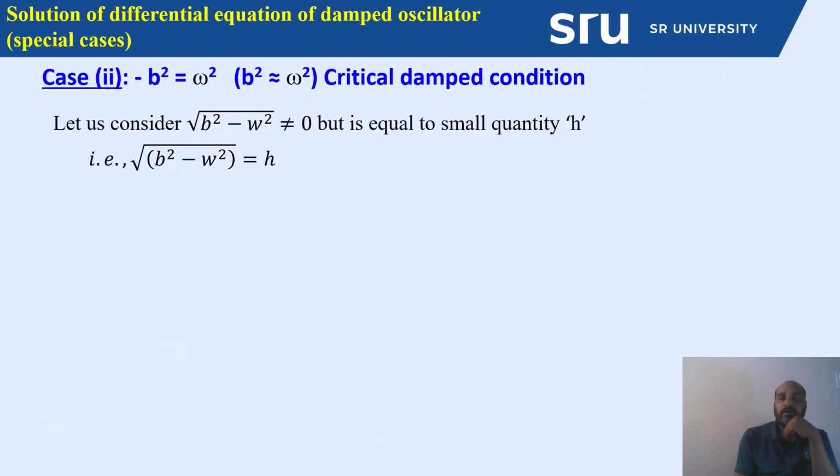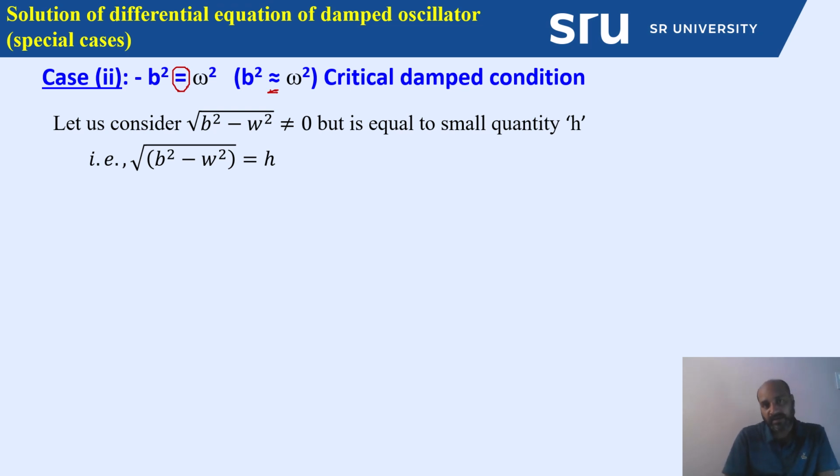And the second possible condition is the critical damped condition. I mean the second possible value, b square is equal to omega square. But here instead of taking exactly equal, let them be nearby. I mean the damping force and the natural frequency values are nearby.